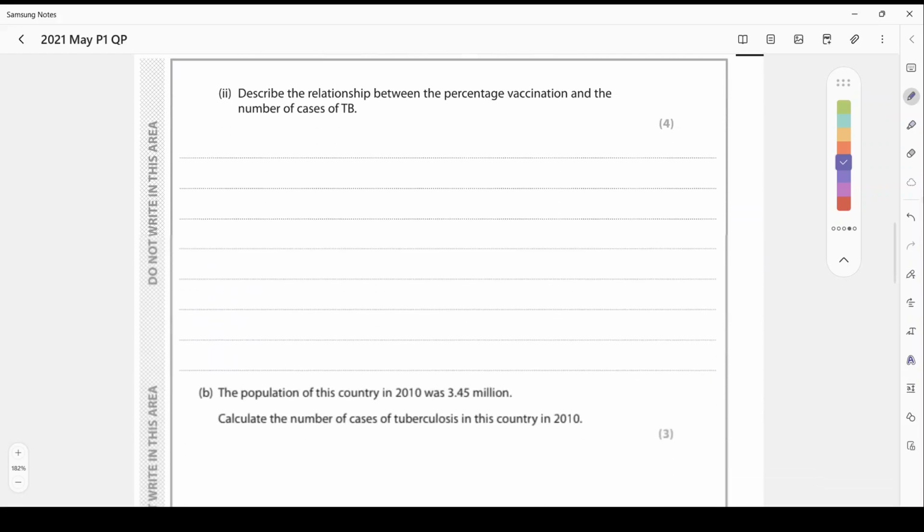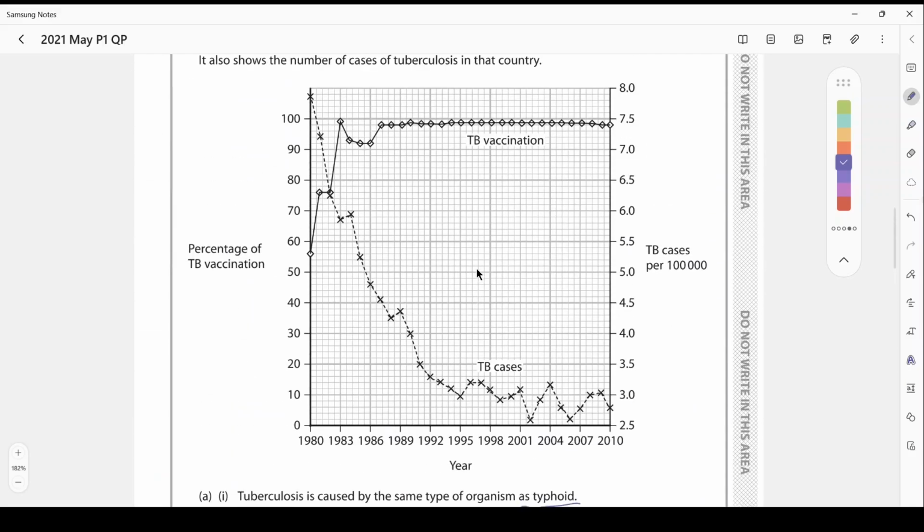Okay, part 2. Describe the relationship between the percentage vaccination and the number of cases of TB. So TB is short for tuberculosis. So let's scroll back up here. So this part represents the tuberculosis vaccination, and this are the cases.